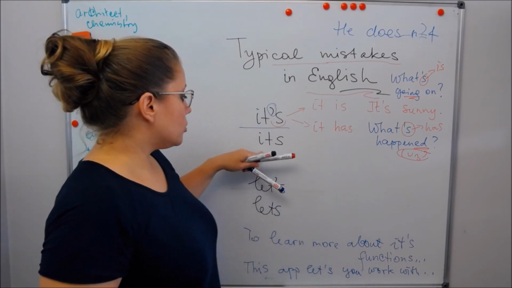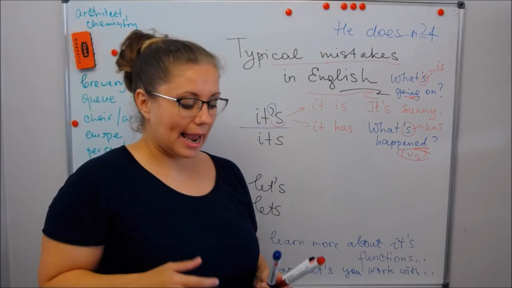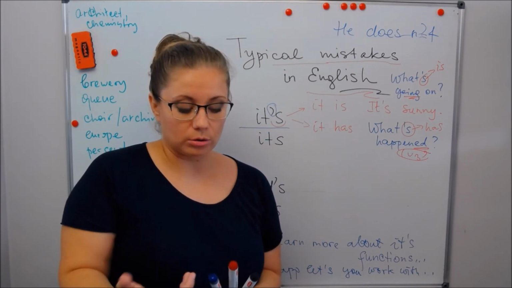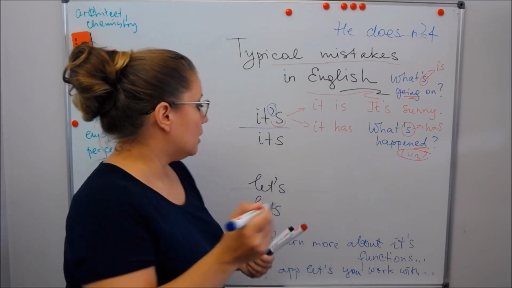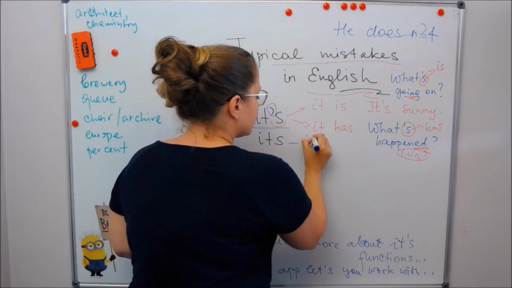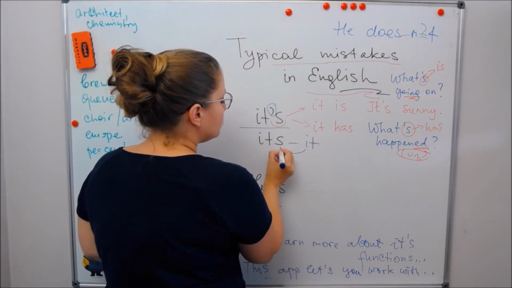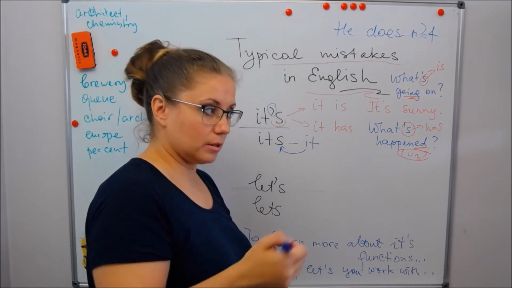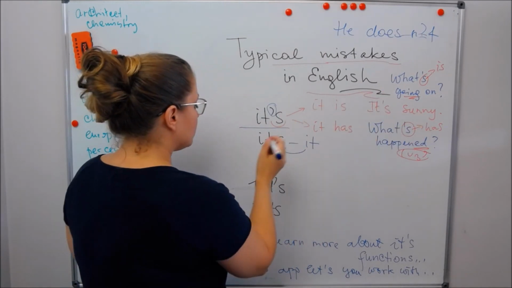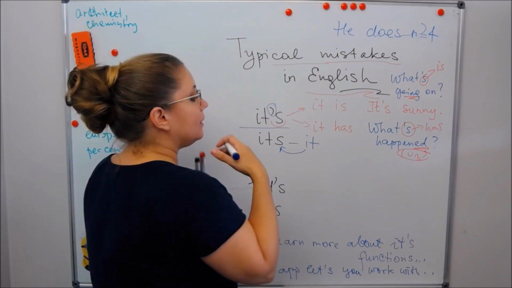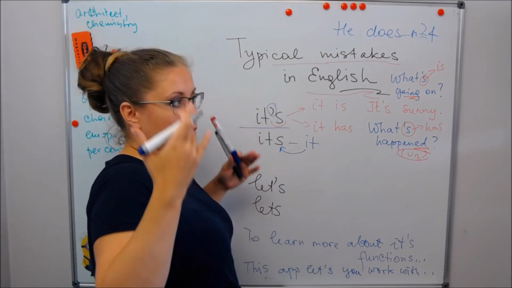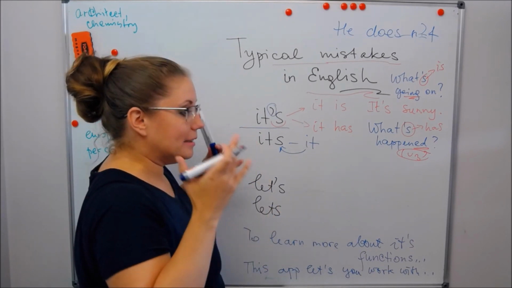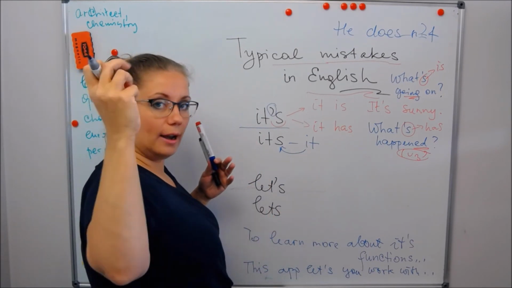But we also have this its as a possessive adjective for the pronoun it. So you have it, and when something belongs to it, we say its. For example, look at my cat and its paw.